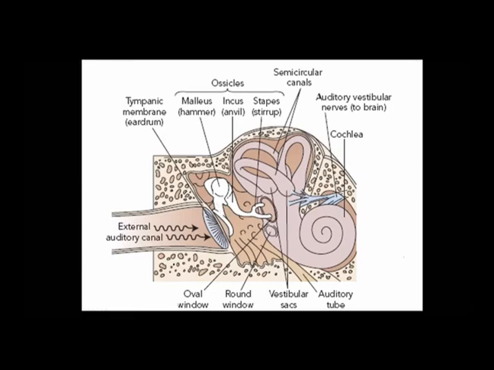So the ossicles vibrate at the same frequency that the eardrum was vibrating at because of the vibrations in the air. And those ossicles transfer our vibrations from the tympanic membrane over to our oval window. So the vibrations enter the oval window and through there enter into our cochlea. So that's how the sound waves get in.